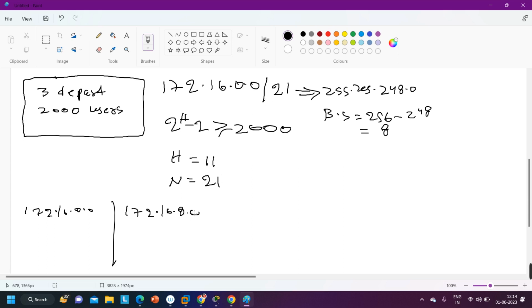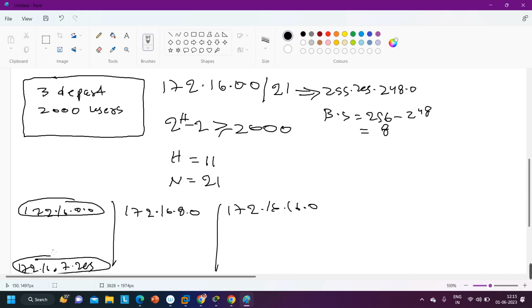The third network will be 172.16.16.0. So the last IP address of the first network will be 172.16.7.255. This is the network ID and this is the broadcast ID. Yes or no?